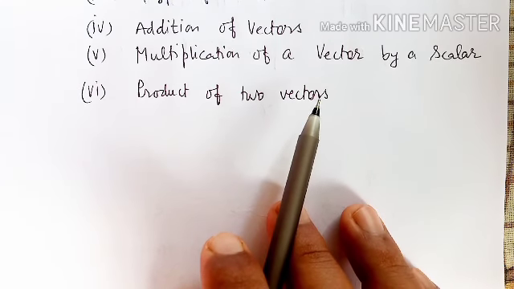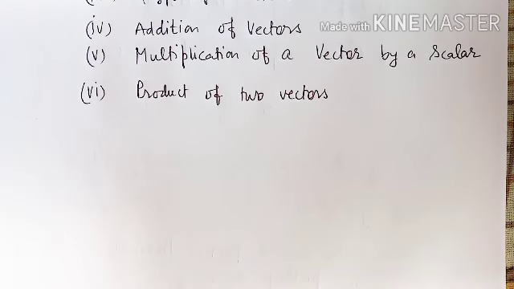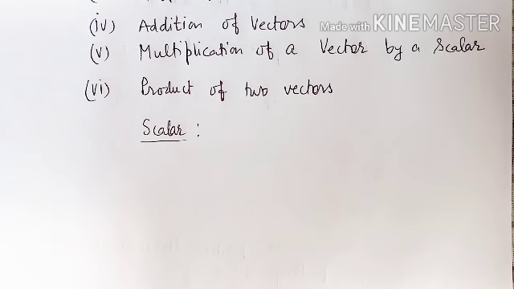There are two types of product of two vectors. One is dot or scalar product of vectors and another is cross or vector product of vectors. In daily life we come across two types of quantities.